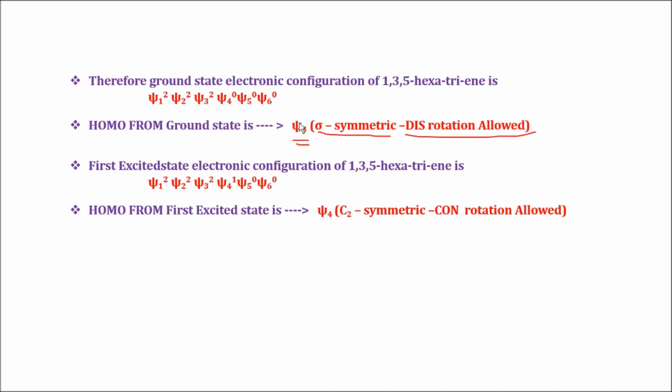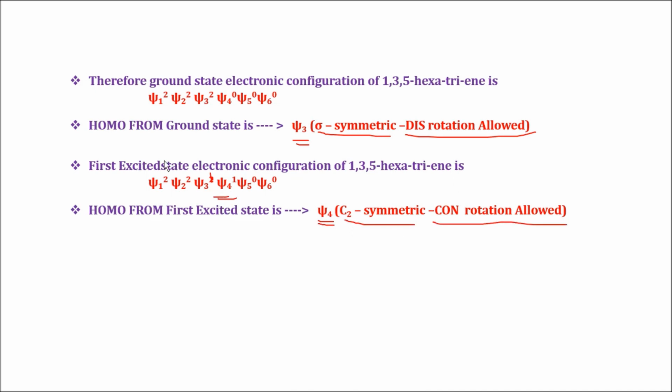That means under thermal condition, Psi3 is the HOMO, Psi3 belongs to sigma symmetry, and this is allowed. For the first excited state, the electronic configuration is Psi3 1, Psi4 1. So Psi4 is the HOMO. Under the first excited state, Psi4 is the HOMO, 4 is an even number, therefore C2 symmetric. When C2 is there, Con mode of rotation is allowed.